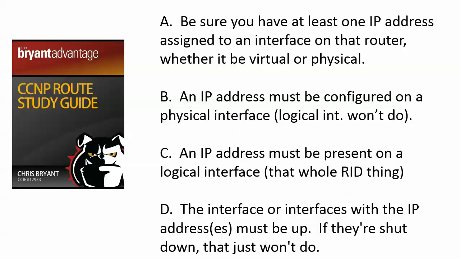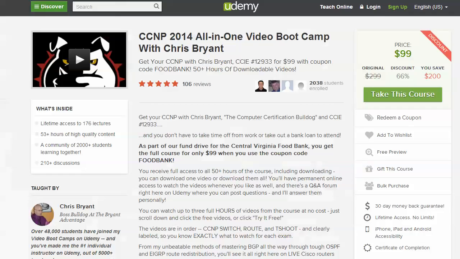If they're shut down, as we saw, that's not going to work out for us. But it does not matter whether it's a physical interface or a logical interface that's up and has an IP address, but you've got to have one or the other. If you don't have any IP addresses on the router, as we saw, you're not going to be able to proceed with OSPF.